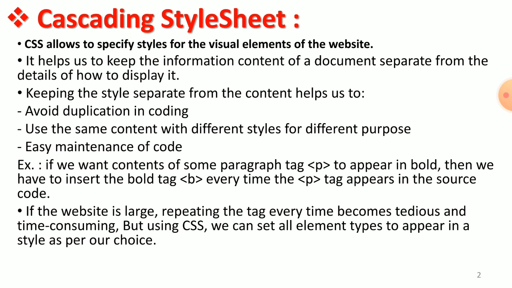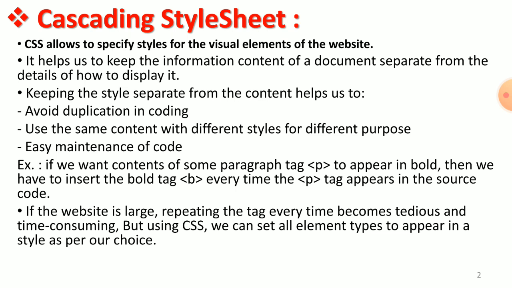Third, easy maintenance of code. In HTML, for example, if we want the contents of a paragraph tag P to appear in bold, then we have to insert the bold tag, that means B, every time the P tag appears in the source code.